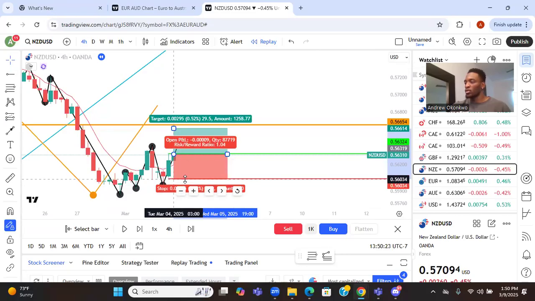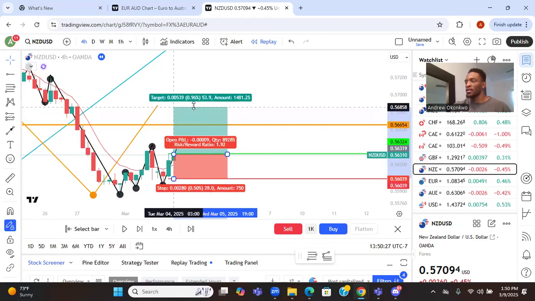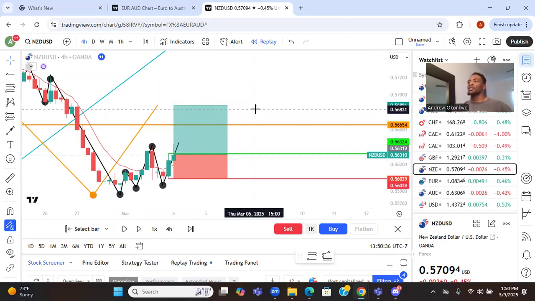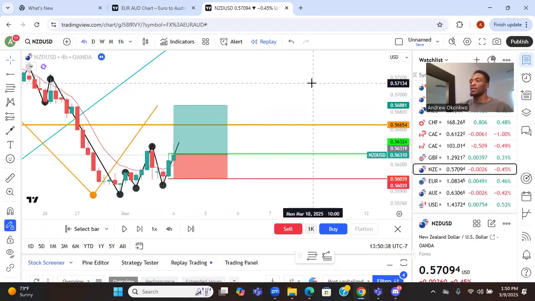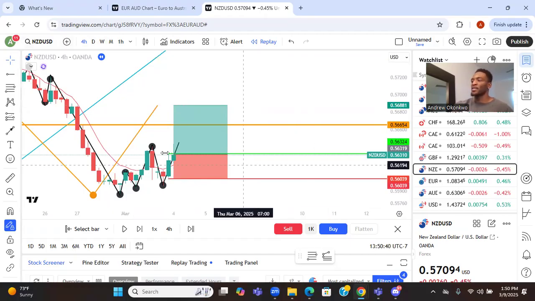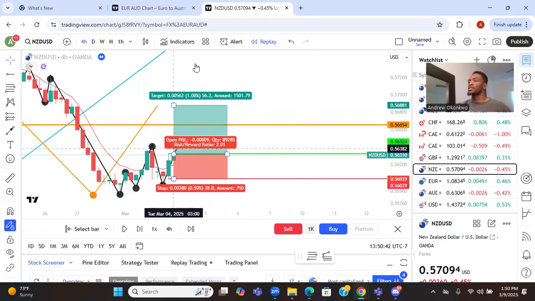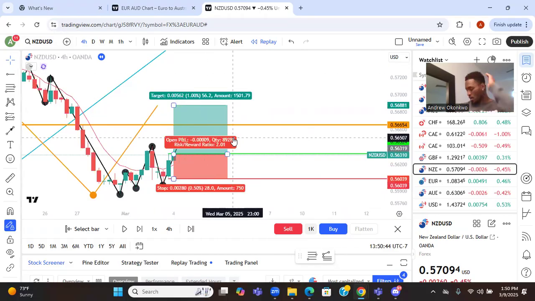With this trade, I mean, this wasn't really the smartest trade to get into, but like I said, with it being New York session and this being a USD pair especially, I was expecting market to give us a greater push up.